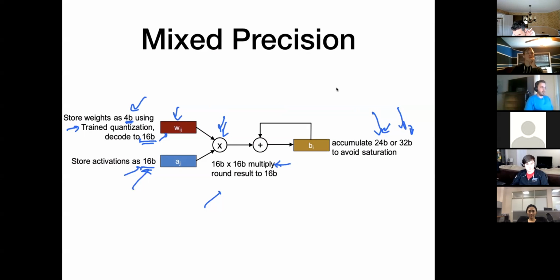Well, I'm just thinking that the loss of accuracy that you would get from reducing the weight bit size is something you know about during the training process. So you know about it in advance. Whereas when you do that to the activations, it's not clear in the training what will happen in the test set.